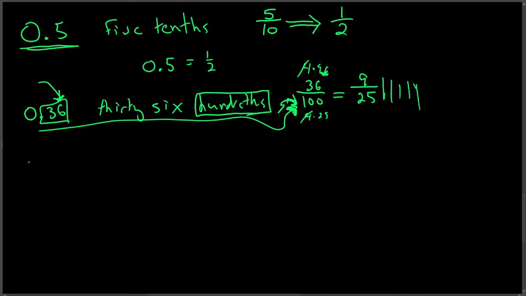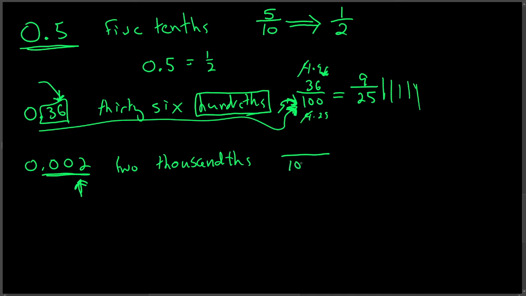Let's look at a couple more. I look at my places, and that's the tenths, 1 over 10, the hundredths, and the thousandths. So I have 2 thousandths. The place is the denominator, and the number upstairs comes from what we would say the number that we get from there.